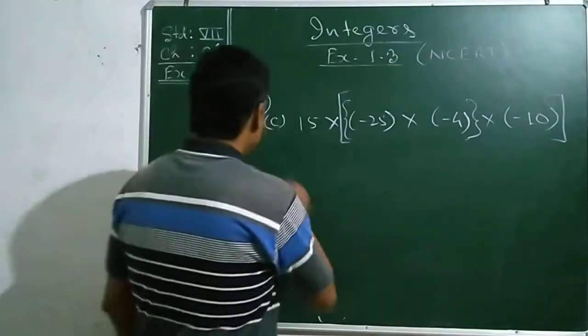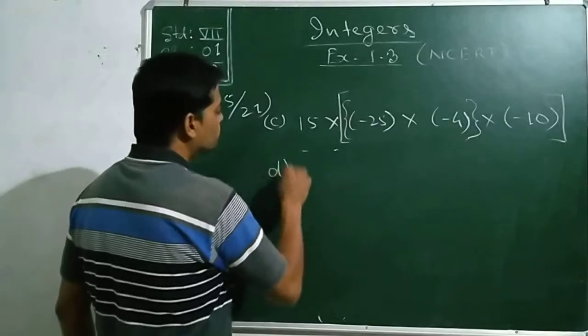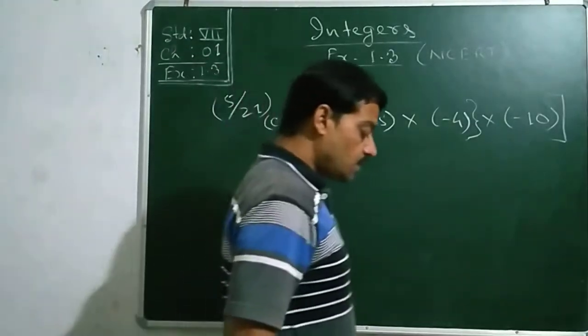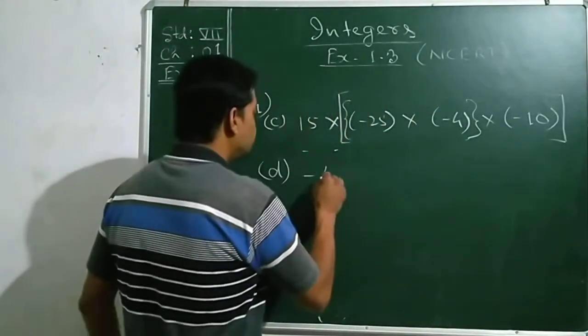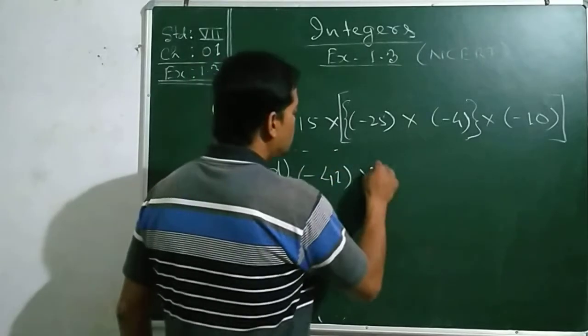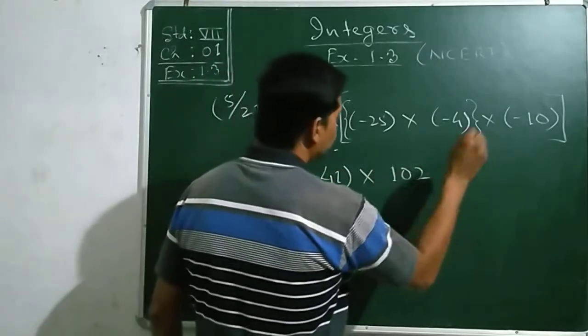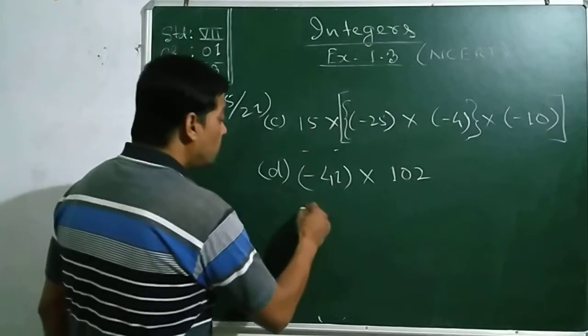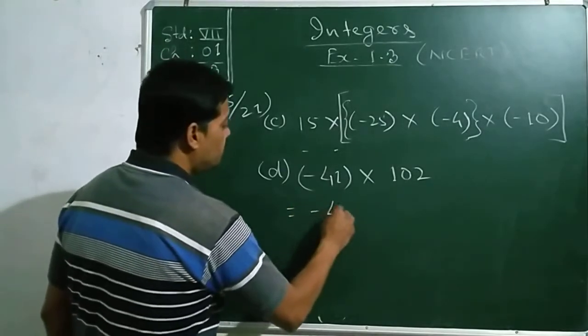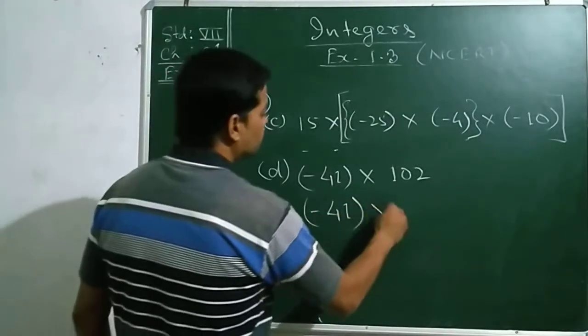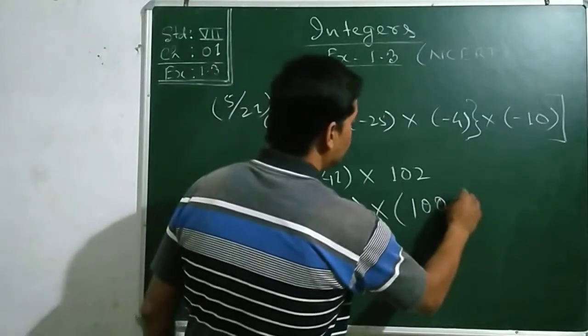In the D number sum also, minus 41 into 102. See here, 102 is to be written as 100 plus 2.